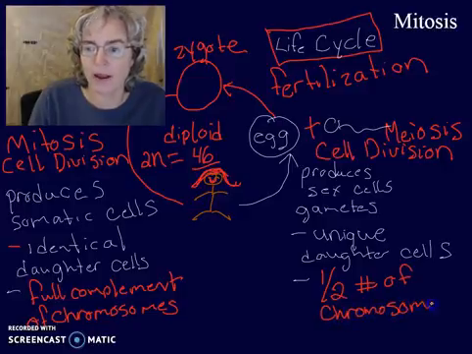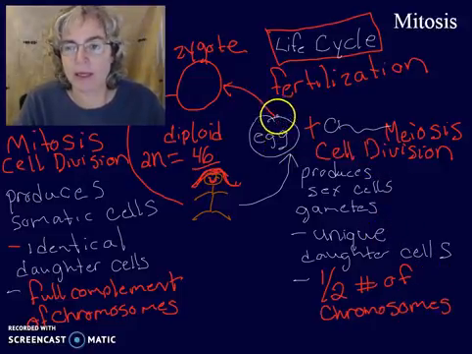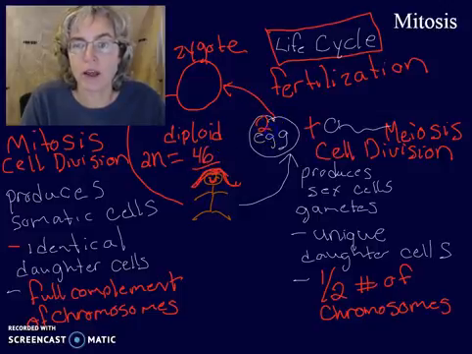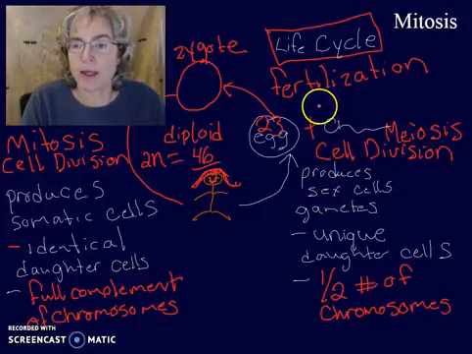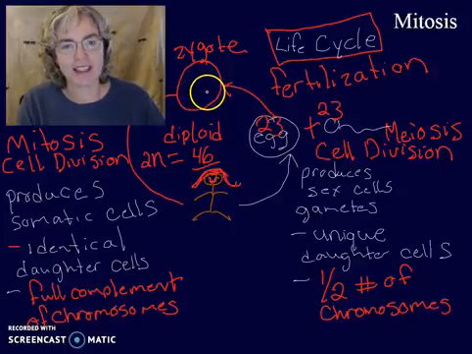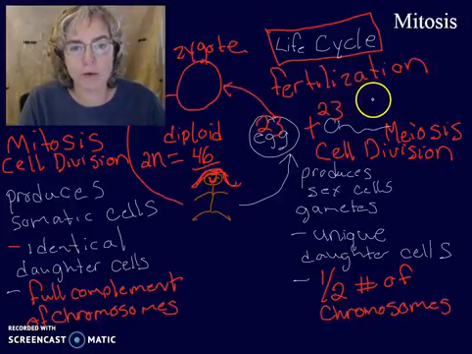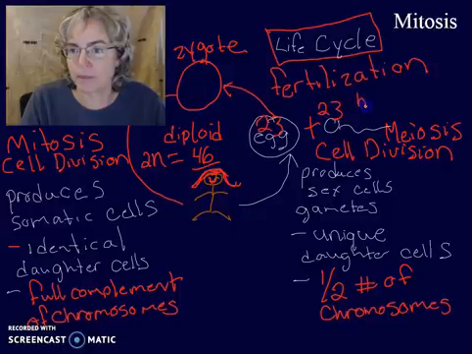The reason why is you want to make a gamete that has half of 46, which is 23. And the male makes a sperm that has half, which is 23. So that when they combine, you get a total of 46, a diploid. So half the number of chromosomes is considered a haploid cell. Let's put that in. Haploid cell.